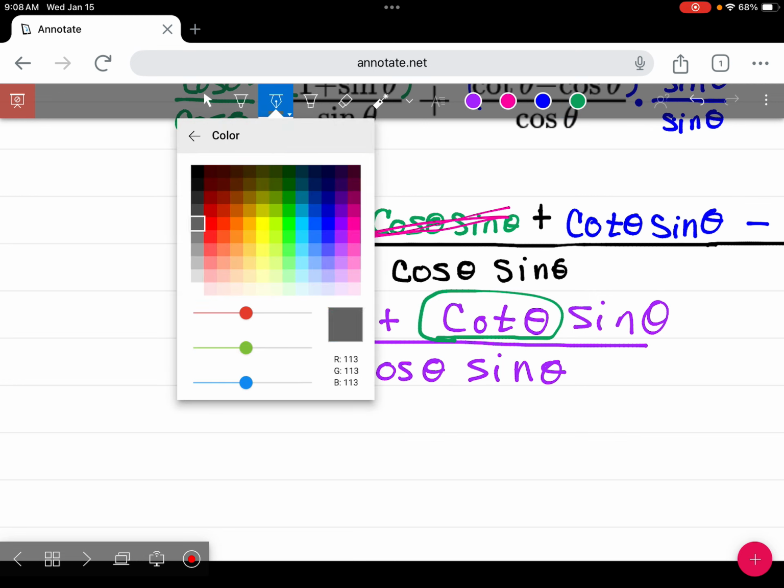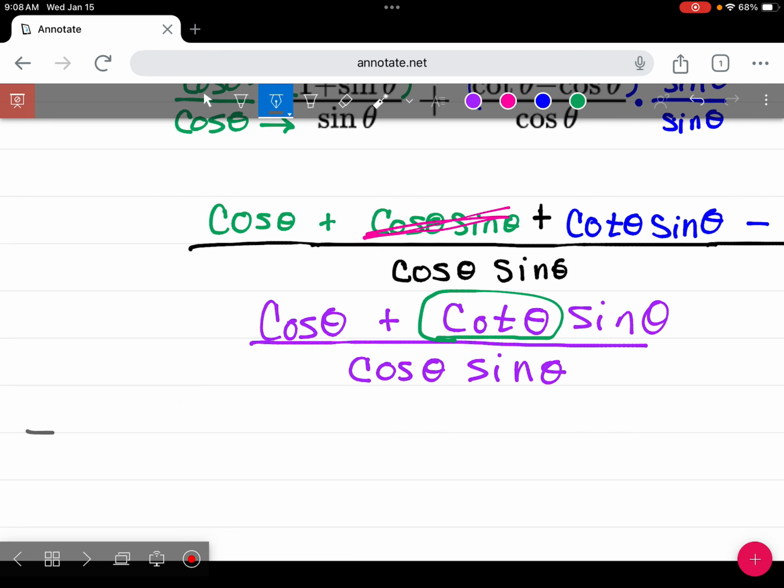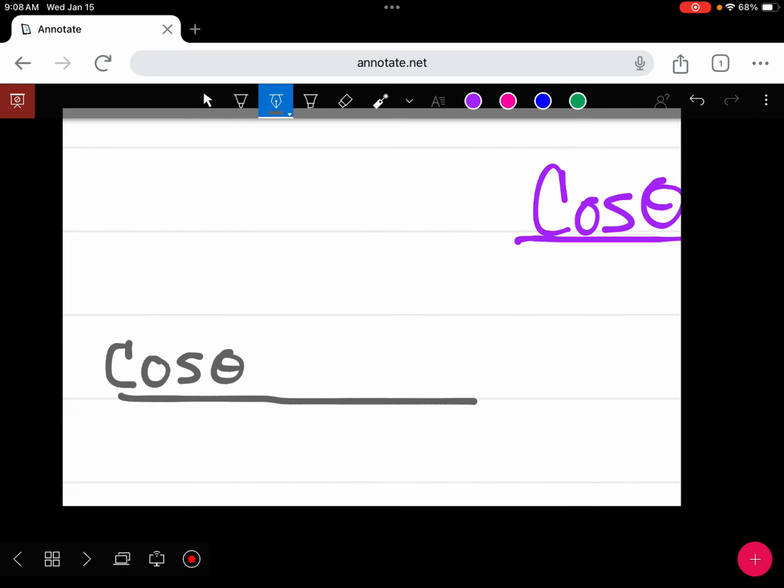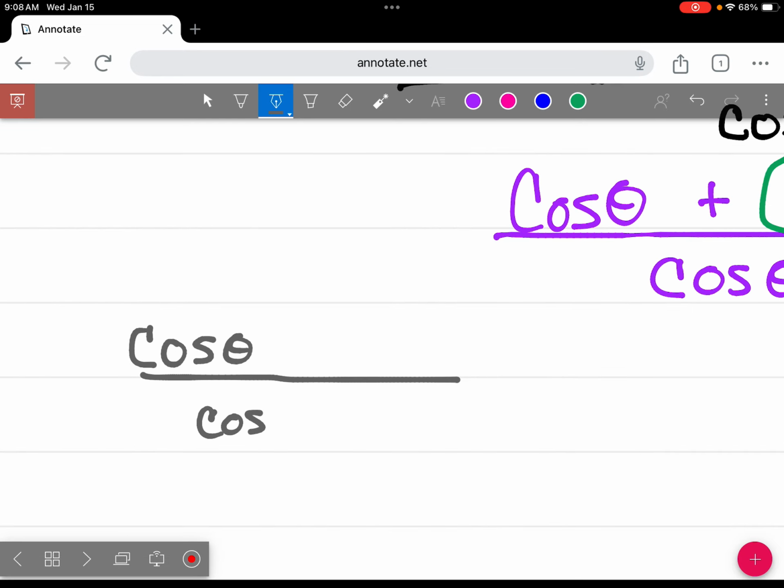So I'm going to write everything else out here real quick. Which will put us as cosine over sine. So I'm going to write the whole thing over here. So we're going to have our cosine theta, and we're over our cosine theta sine theta.